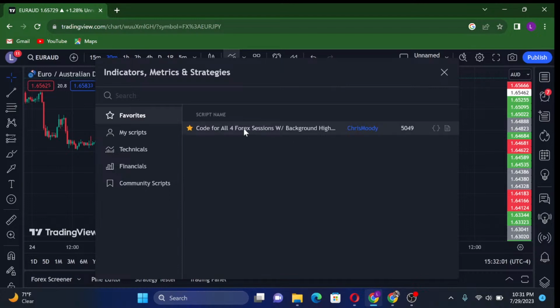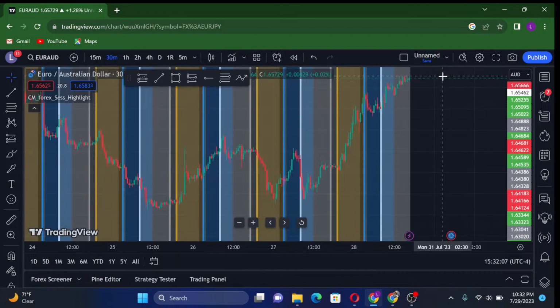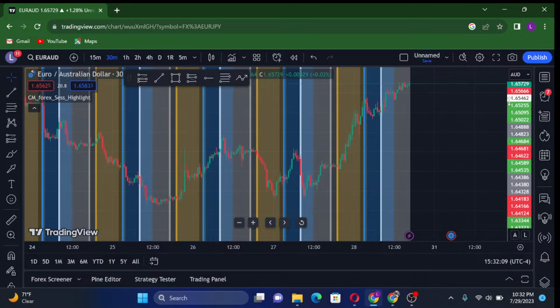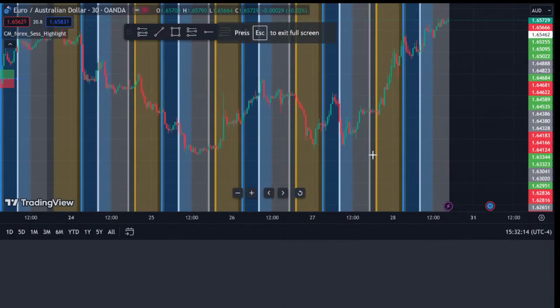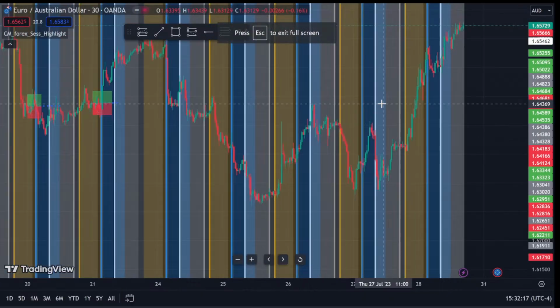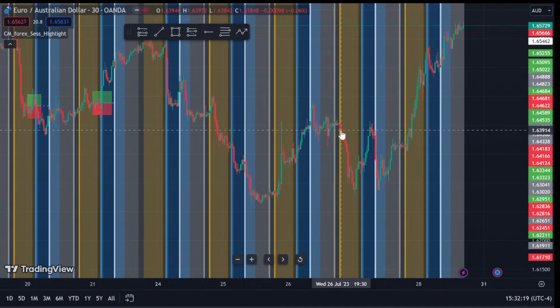Go to indicators, search it, put it in favorites so that you don't need to search it again. Put it right there. For this indicator, put it on full screen. All you need to do is mark the candles that are in the yellow part. Every candle that is in the yellow part, just mark it.